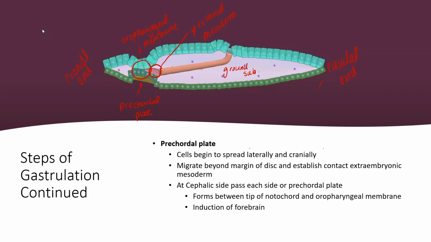The oropharyngeal end over here, this area, is now restricted to the cranial end and eventually forms the mouth opening. The neural plate is important for the induction of the forebrain later on in the neural ectoderm.